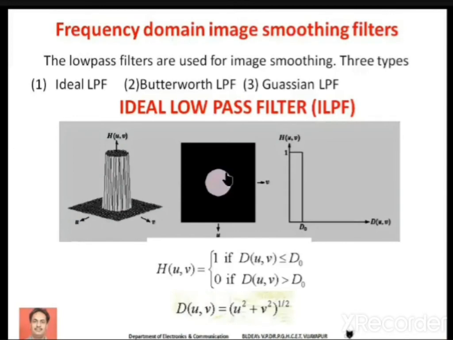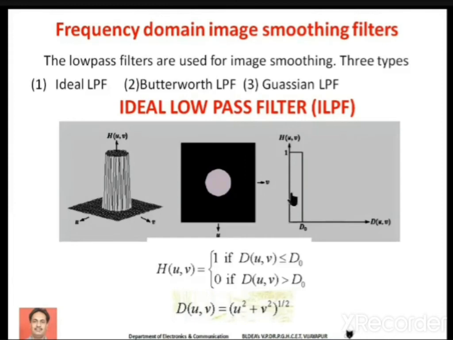Similarly, H of u comma v must be 0 if D of u comma v is greater than D naught. So above D naught, the transfer function value will be 0, and it will be 1 if D of u comma v is less than or equal to D naught.